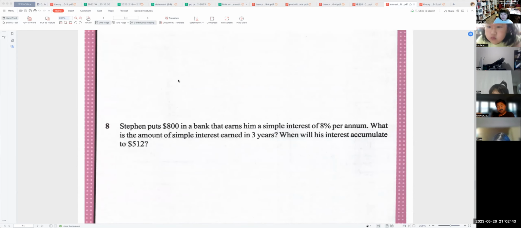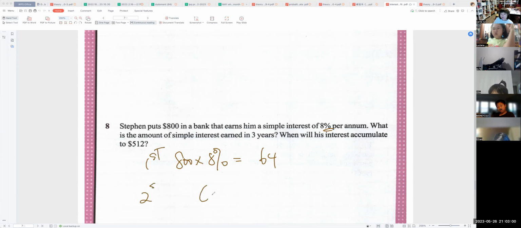Okay, number 8是 interest 的题目，很简单，800块钱放到银行里面，一年8%，那是不是800乘以8% equals $64 first year，对不对？那 second year 呢？64，third year 呢？64，so 64 times 3 equals 192.